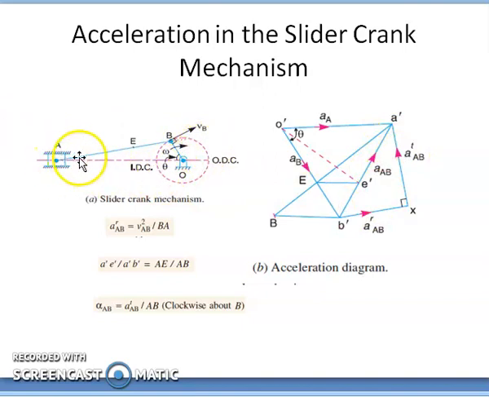So the point A is rotating with respect to B. Since it does not rotate with a constant angular velocity, it has both a tangential component as well as a radial component. As already seen, the radial component will be directed towards the center.